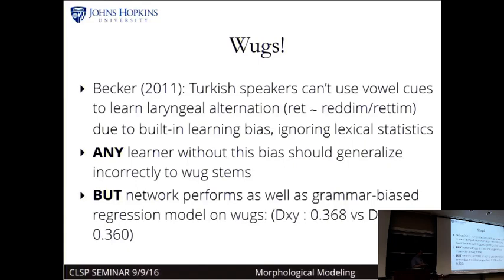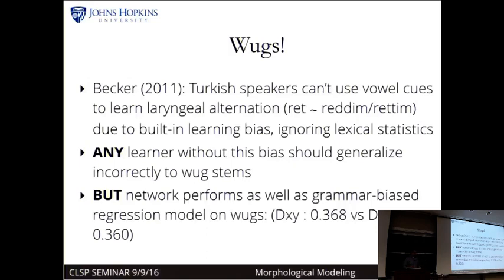That better approximates how people respond to the WUGs. So in this particular case, these are theories about how linguistic learning needs to operate. The theory in Becker 2011 is that people don't use a certain kind of vowel cue, so they don't learn from that, even if it's informative in the lexicon.